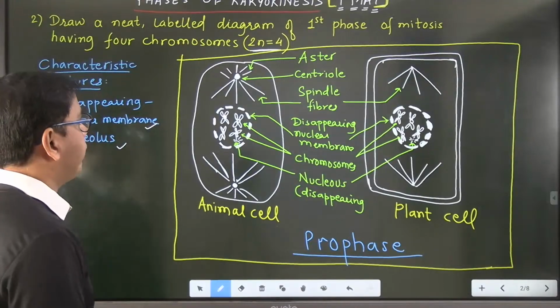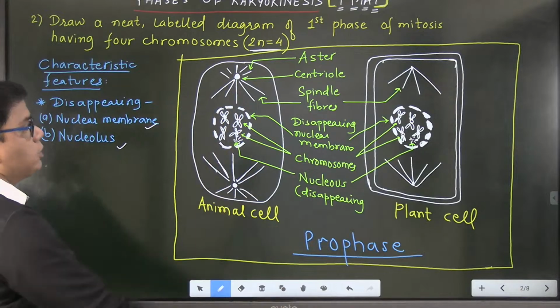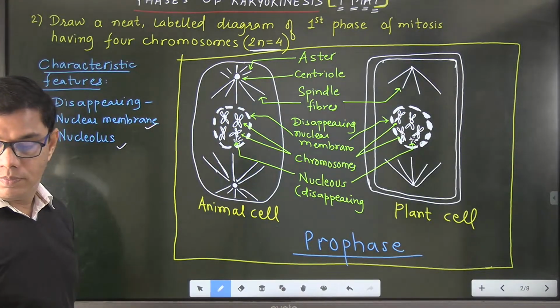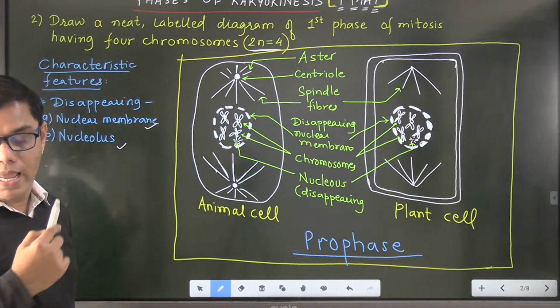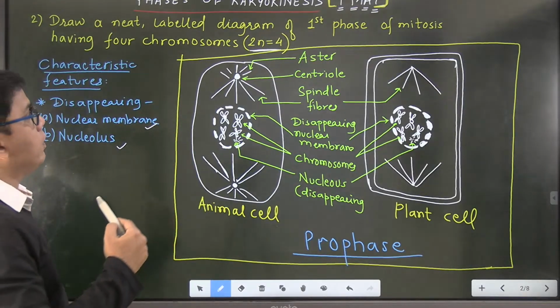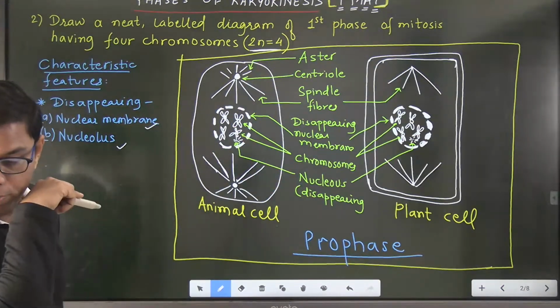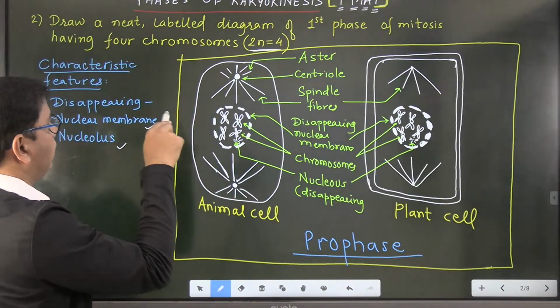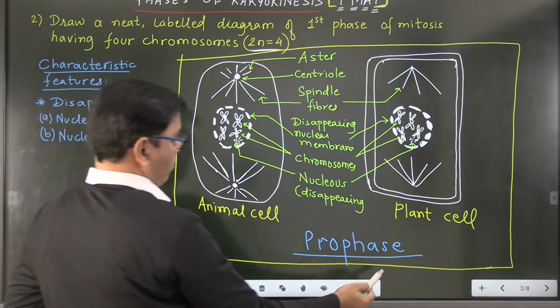In meiosis, cell division happens in a different way, right? So the first one is prophase. They will not directly give you a question, draw a diagram for prophase. Maybe they will say draw a diagram which is earlier or before metaphase, or the first phase of mitosis.